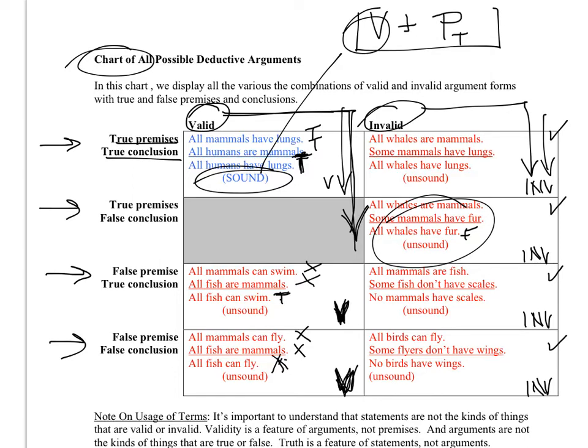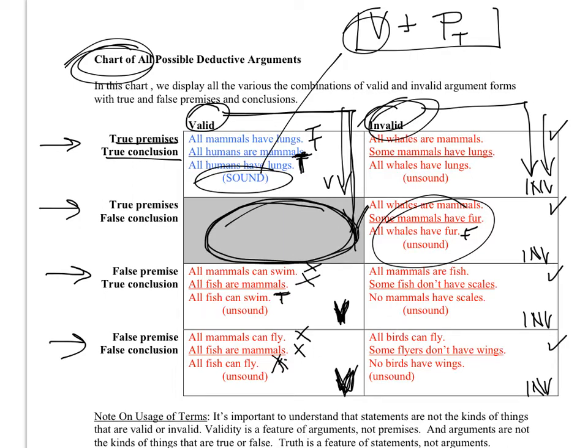So this chart really gives you a lot of information. It gives you all the ways in which you can have a valid argument structure with true premises and false premises. As you'll notice with an invalid argument, every true-false premise combination is possible. But that's not the case with a valid argument. This is left empty.